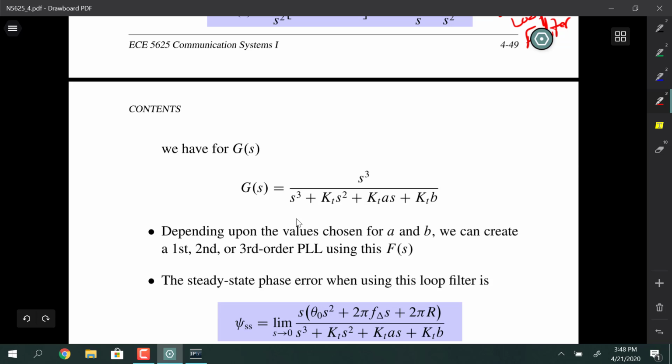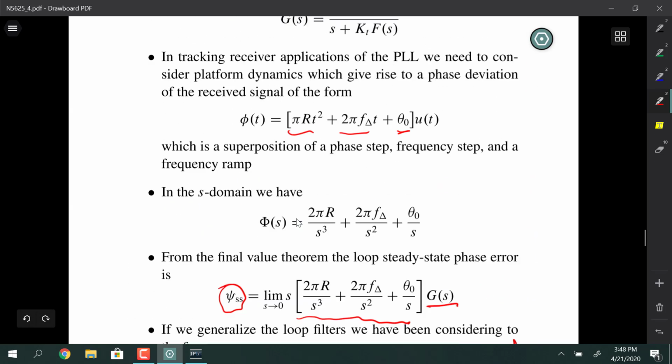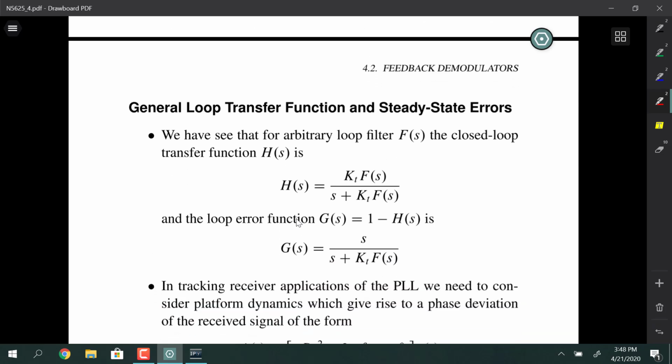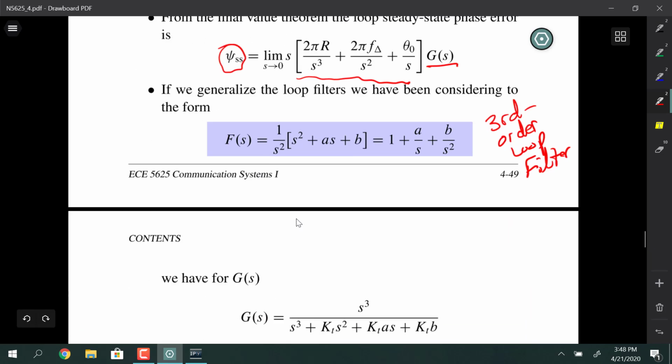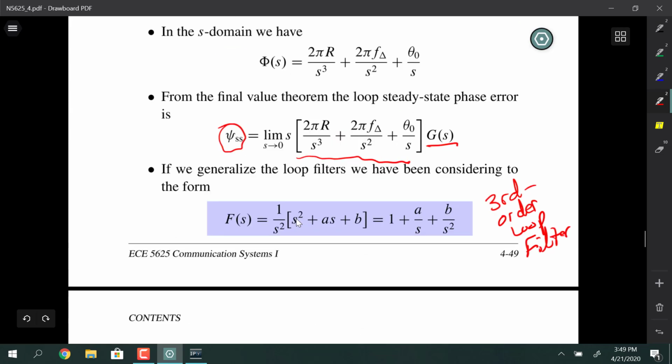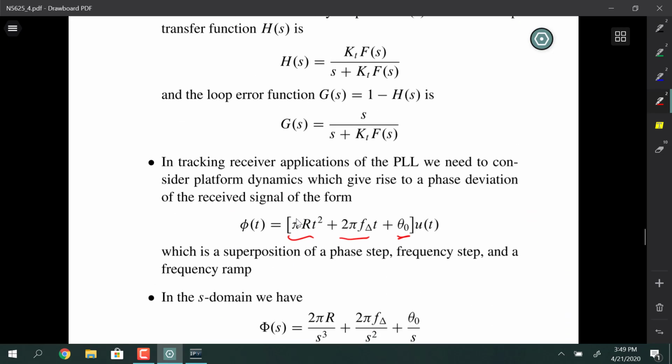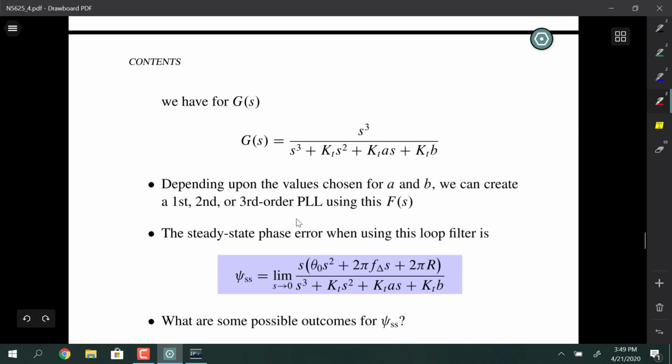So if we plug that loop into our G of S equation, so we plug this generic loop F of S into the H of S up above here, and expand it out, or into the G of S, excuse me, plug it into the G of S, this is what that G of S looks like.